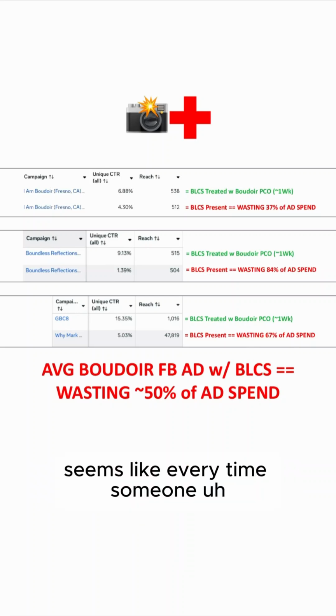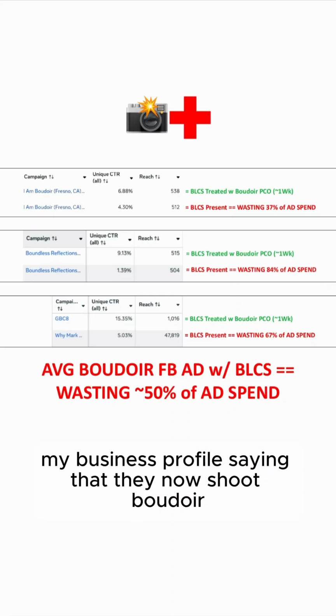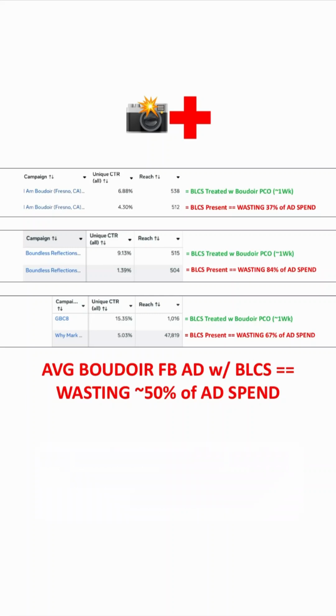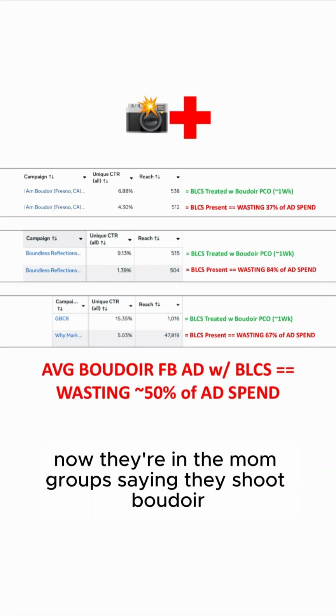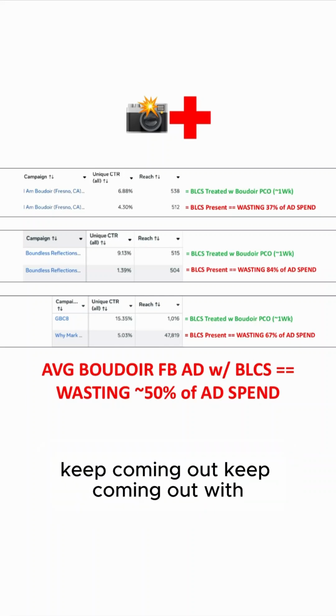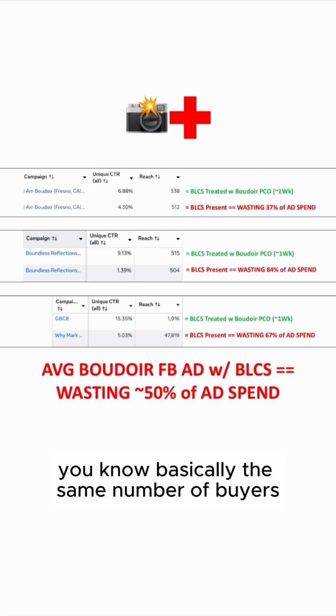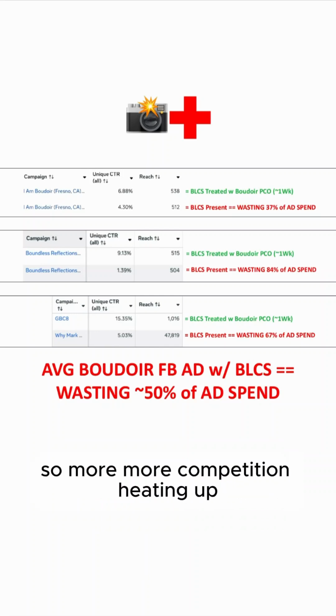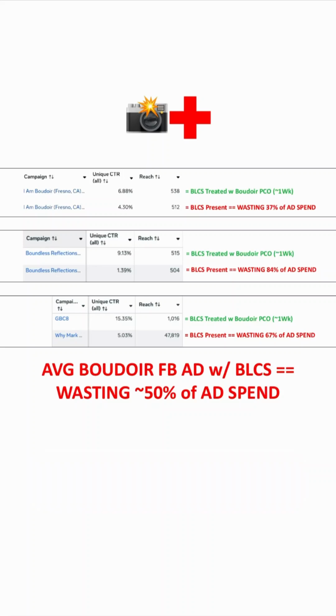Seems like every time someone gets a new iPhone, they're throwing up their Google My Business profile saying that they now shoot boudoir, or they get a new camera. Now they're in the mom groups saying they shoot boudoir. More and more boudoir photographers keep coming out, keep coming out, with basically the same number of buyers. So more and more competition heating up.